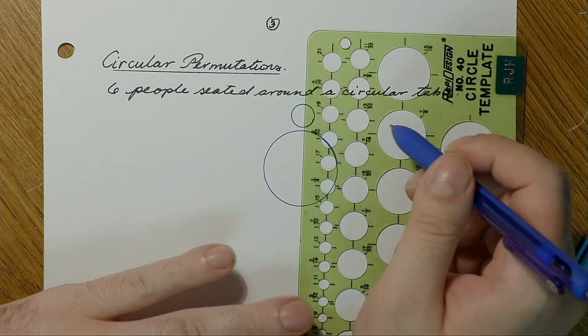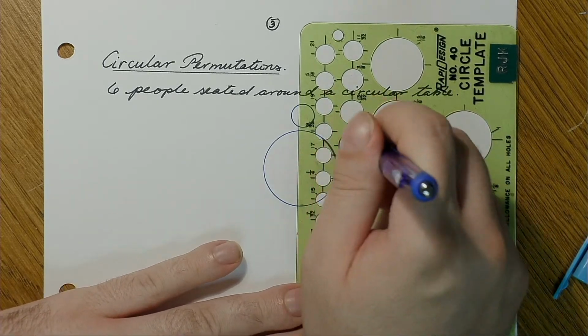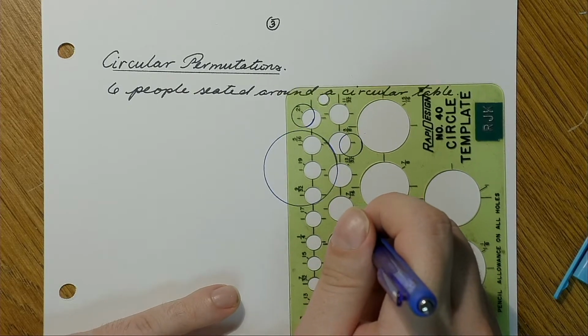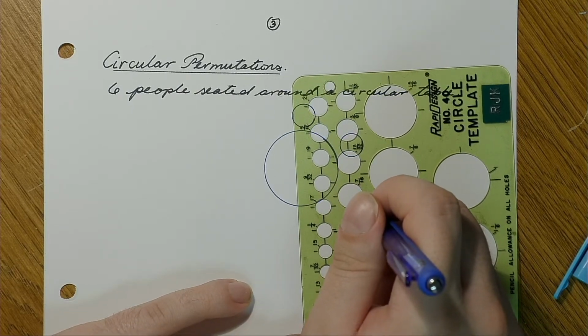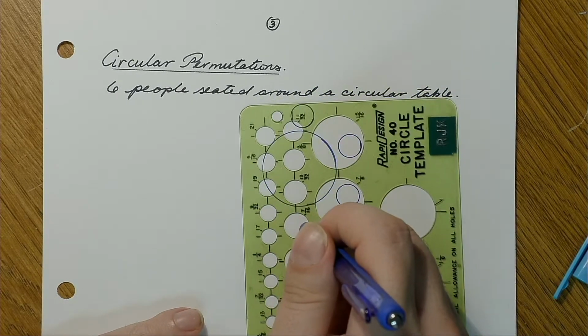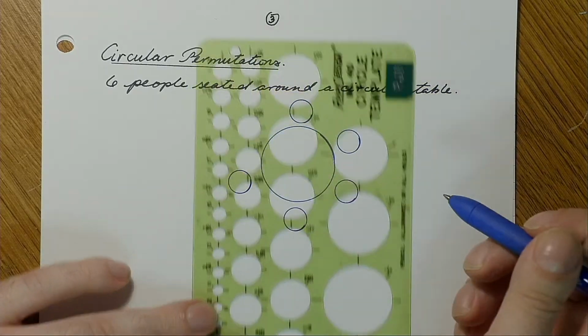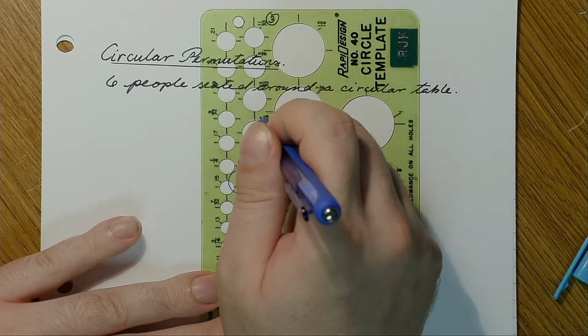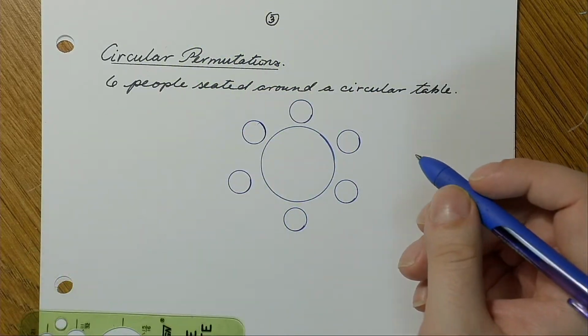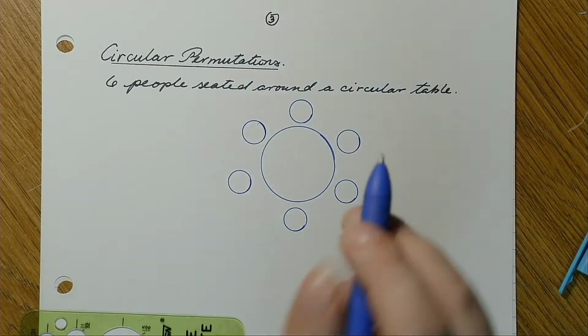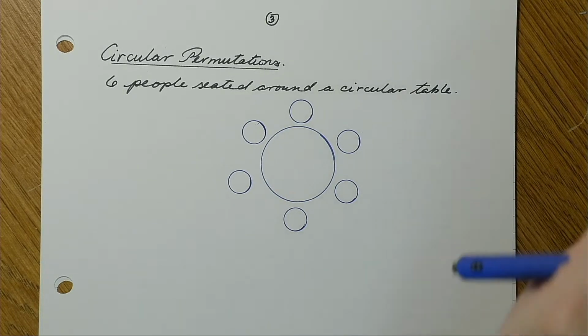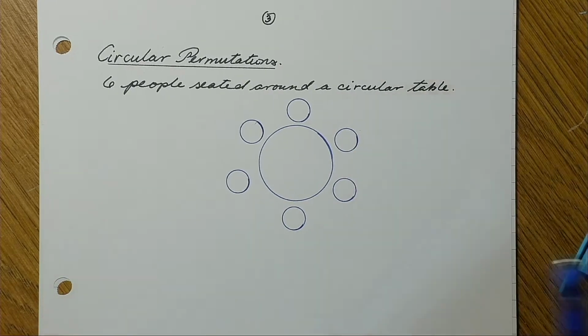Let's see, I'll put 2, 3, 4, 5, and here's 6. So some people are saying 30. That's a good guess. I don't know yet. I have to work through this. So we have 6 places.